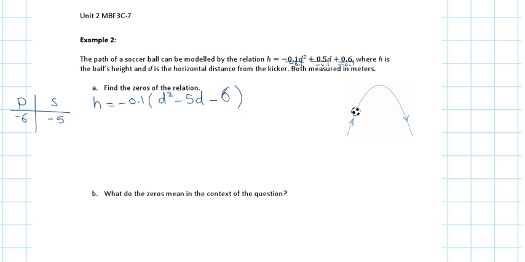Two times 3 will not work because they won't add up. One of them has to be negative. Well, negative 6 and 1? Remember, one of them has to be negative and the other one has to be positive. If you look at the green sheet, the large number has to be negative. Okay? So, negative 6 and 1. So that's going to be h equals negative 0.1 times (d minus 6) times (d plus 1).